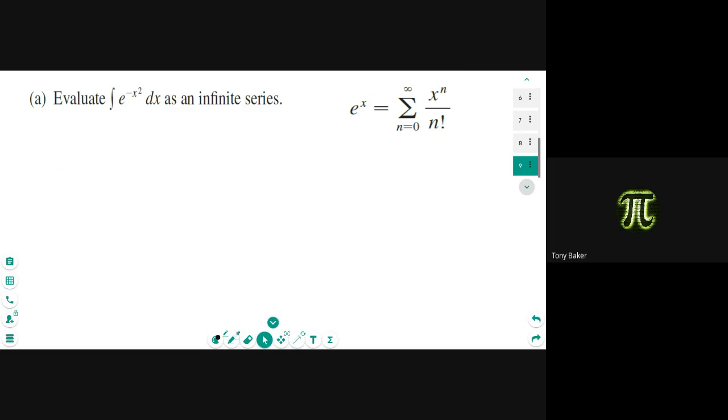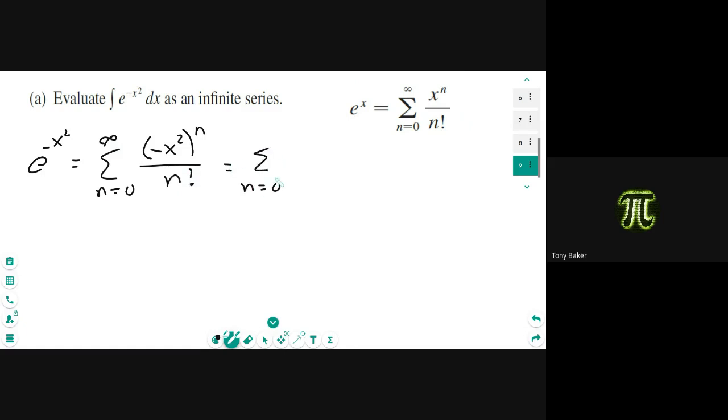So e to the negative x squared, the sum from n equals 0 to infinity of negative x squared to the n over n factorial, which is negative 1 to the n x to the 2n over n factorial.